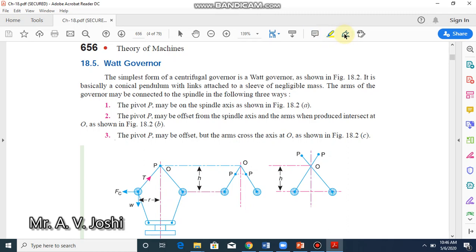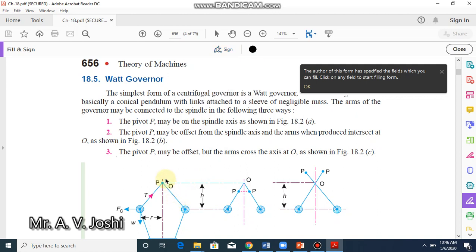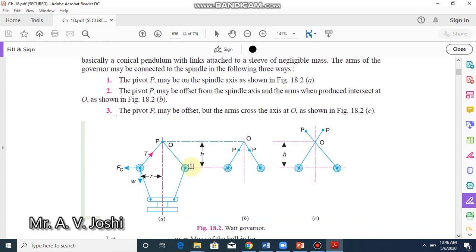The first way is this. From point P, both arms are directly connected to the point.